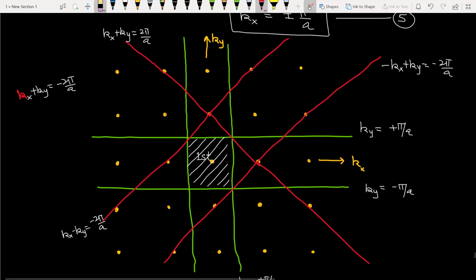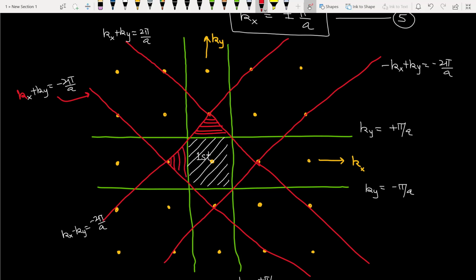It is the line passing through this point. This is the line. So this region is called second Brillouin zone, shown by red color.